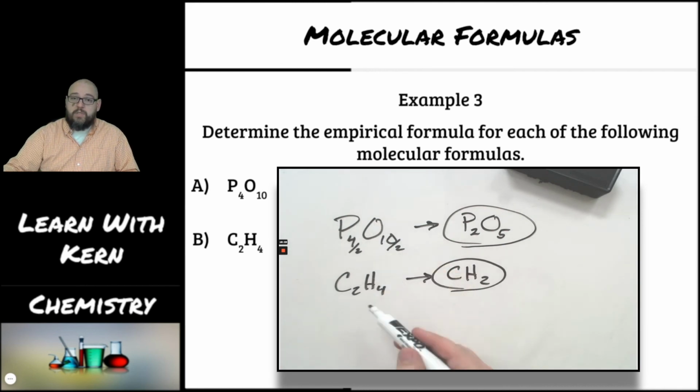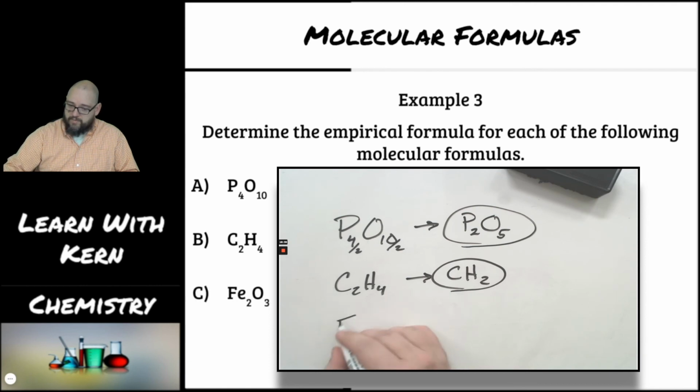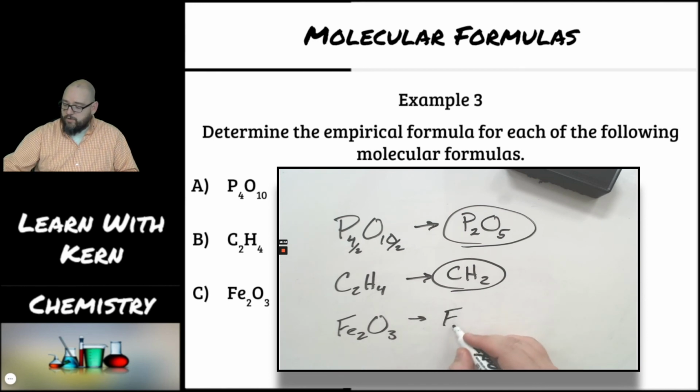So if you know the molecular formula, you can always find the empirical formula simply by reducing the subscripts. The last one, we have Fe2O3. Well, in this case, 2 and 3 cannot be reduced, which means the empirical formula for Fe2O3 and the molecular formula are the same. They have the same formula.